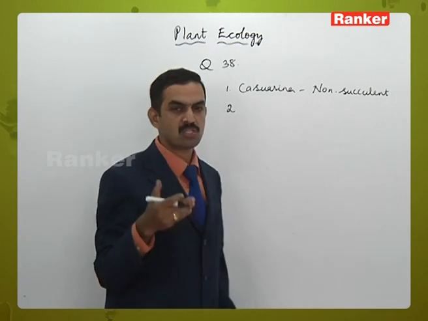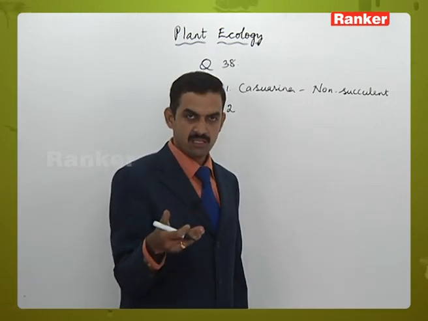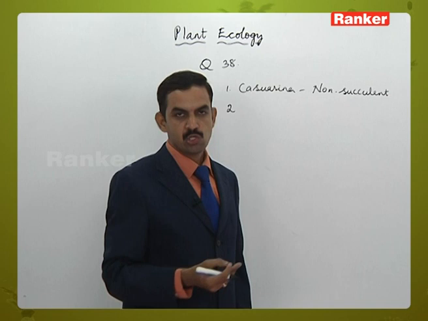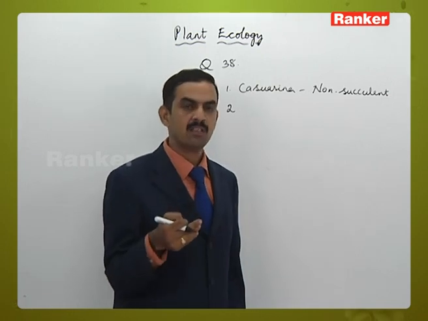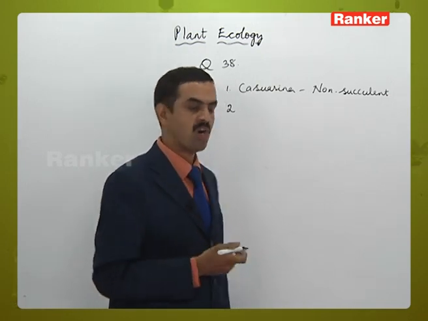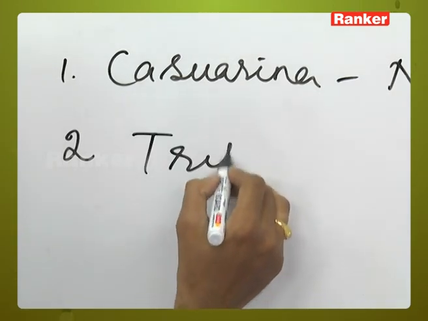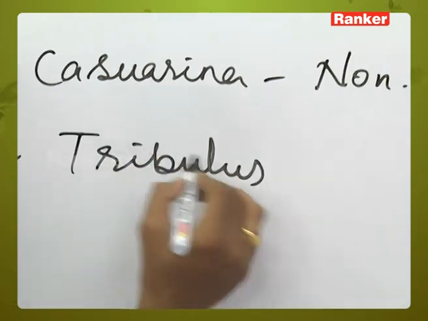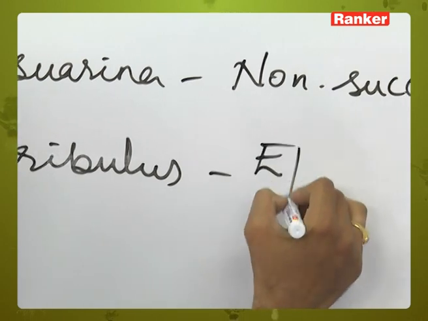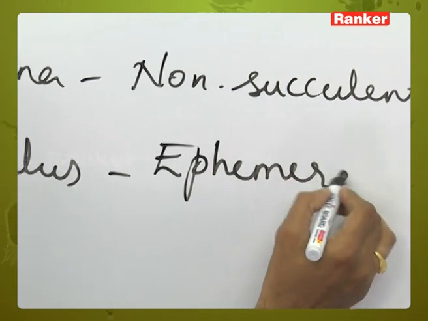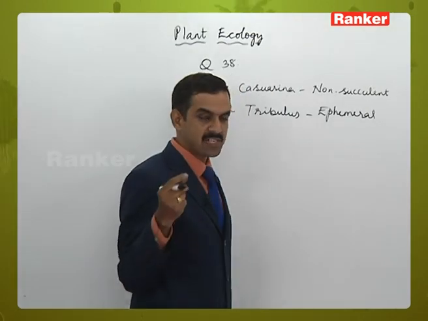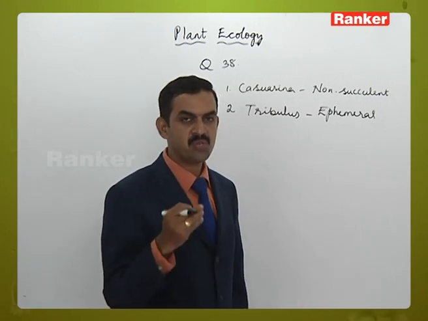Because it does not store water in it whenever the water is available. So it will utilize a very little amount of water. Next one is Tribulus. Tribulus is a plant which is considered to be an ephemeral, or a plant which will complete its life cycle within a short period of time or in a few weeks.